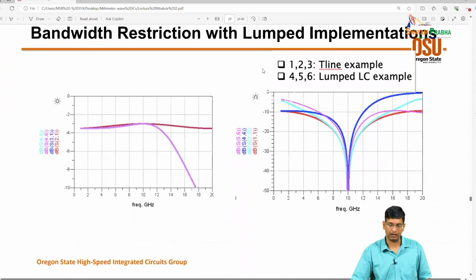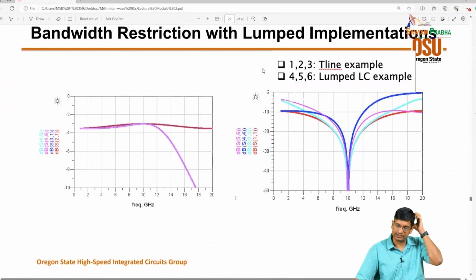So if we look over here, you can see the simulated bandwidths for a T-line example, which is more wideband compared to a lumped LC example, which basically falls off at higher frequencies.